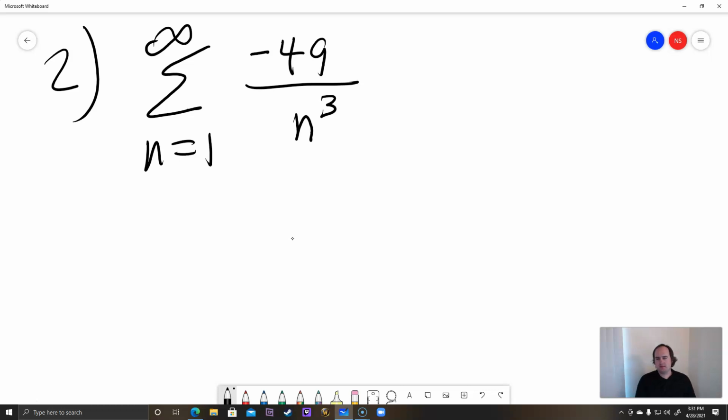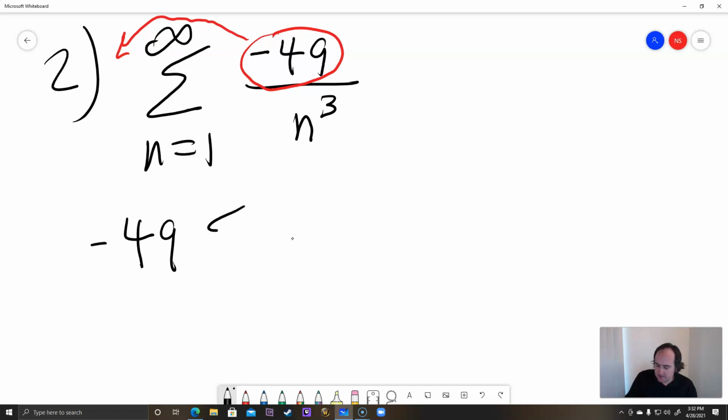So the thing about this is it's still a p-series, because what you can do is you can factor out the -49. Okay, so you can actually bring the -49 out front. So we get -49 times the sum from n equals 1 to infinity of 1 over n cubed.